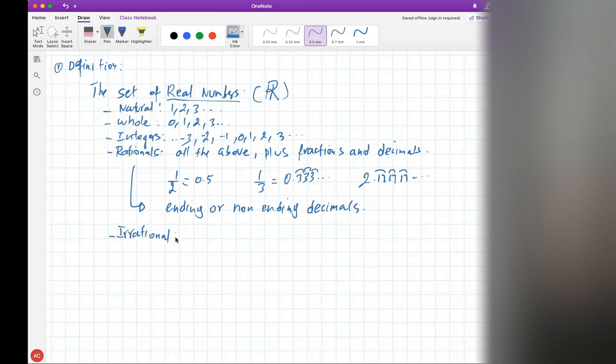So irrationals are the opposite of rationals: non-ending, non-repeating decimals. It doesn't end and it does not repeat. Those we call irrationals.